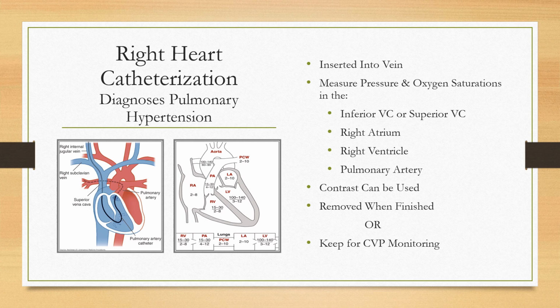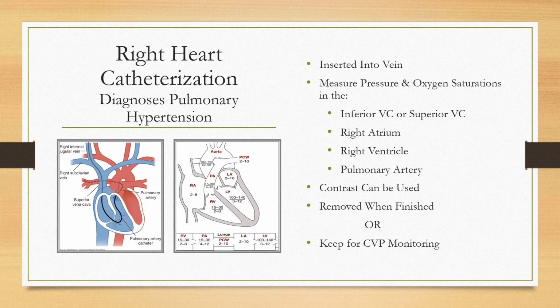Okay, so say we want to find out information about the right side of the heart. So we want really detailed information because we think that there's something wrong with the right side of the heart or that there's high pressures in the right side of the heart for some reason. So we can do a right heart catheterization. So how do we get to the right heart? Through a vein. Okay. So we insert the catheter into the vein, and that catheter has the ability to measure pressures and measure oxygen saturations.